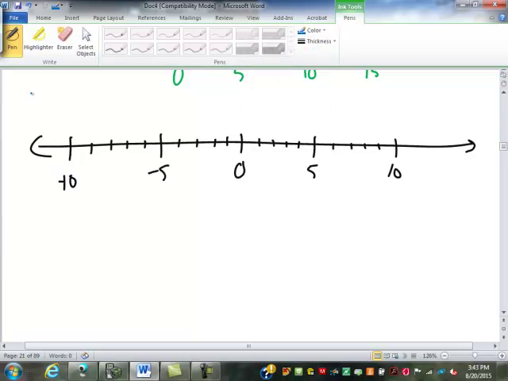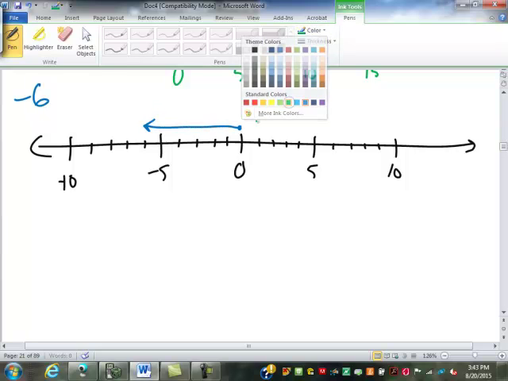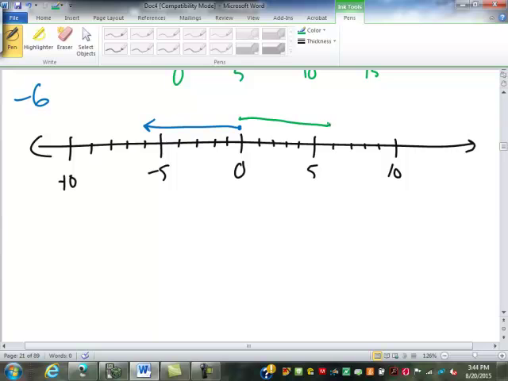For example, -6. Well, -6 is defined just like +6. It's a vector that starts at 0 and goes to -6. +6 starts at 0 and goes to +6. Now, if I had drawn this to scale, these vectors, you should notice, are the exact same length. They have the same magnitude.